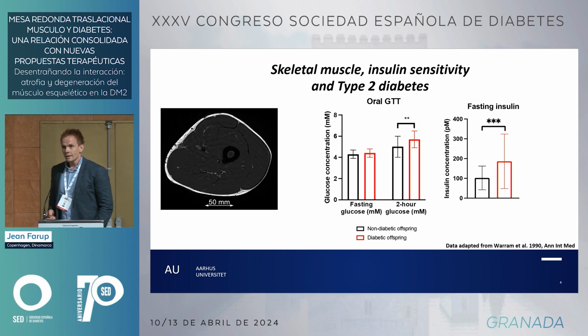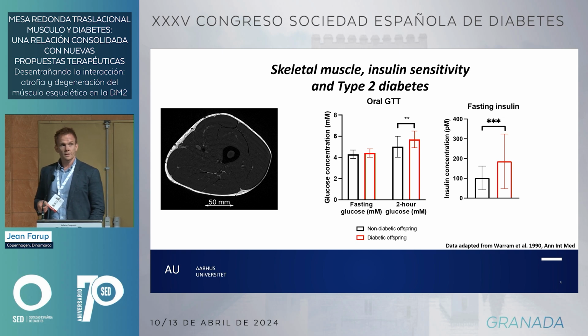So, as already highlighted by my colleagues today, skeletal muscle is a key tissue when we talk about the development, but also the prognosis of living with type 2 diabetes.